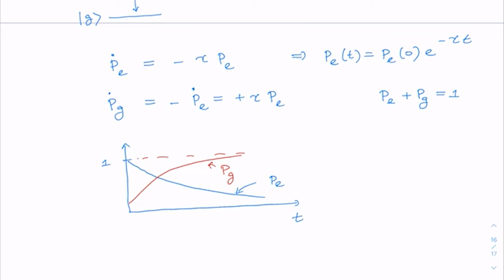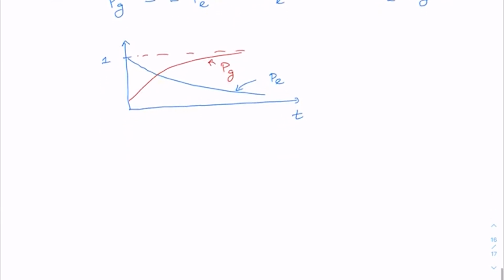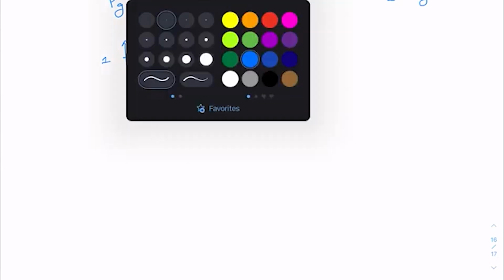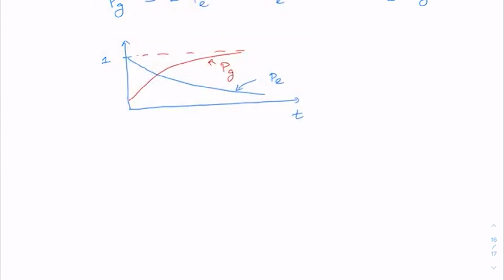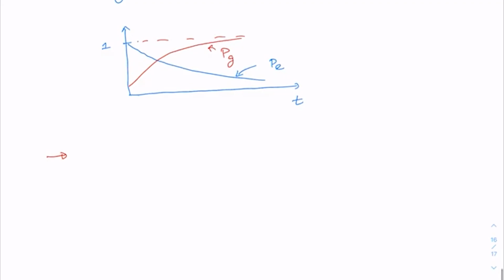Now what happens if we start with a superposition? This was a very simple case, because we started with the atom initially in the excited state, and then we analyzed it. Now suppose we start with a superposition of the ground state and the excited state.